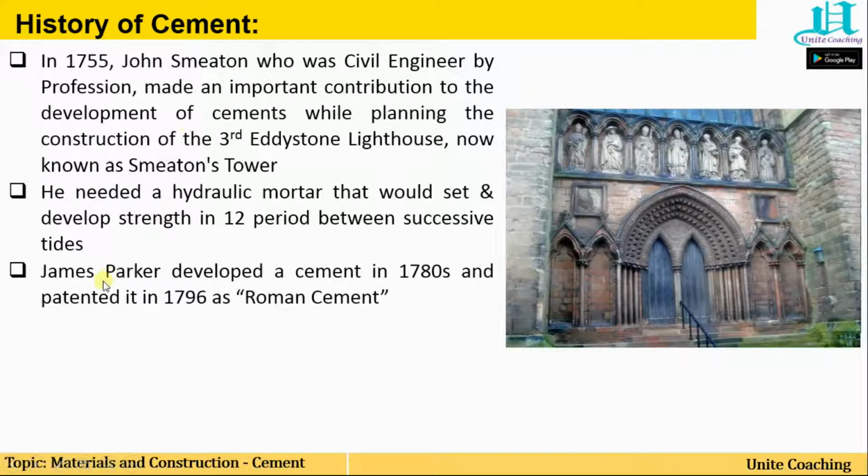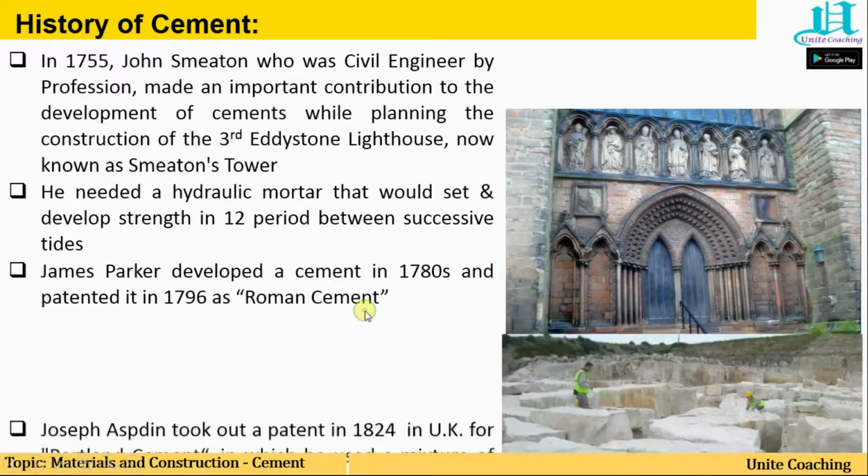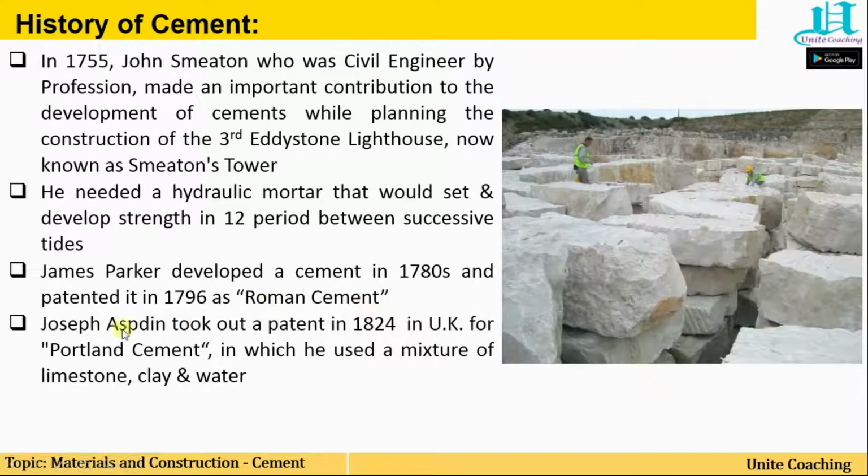Then James Parker developed a cement in the 1780s, and it was one of the most famous cements in history, and he patented it in 1796 as Roman cement. Then Joseph Aspdin took out a patent in 1824 in the UK for Portland cement. Now this is one of the most famous cements.